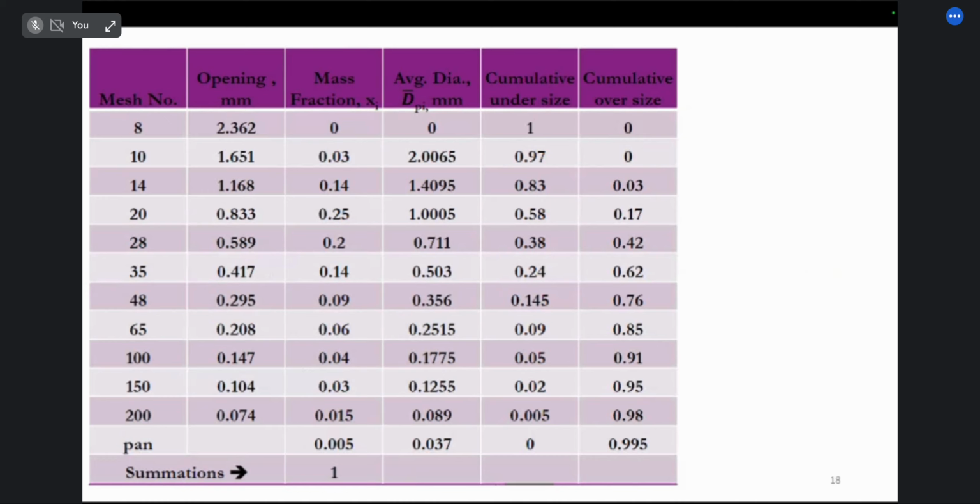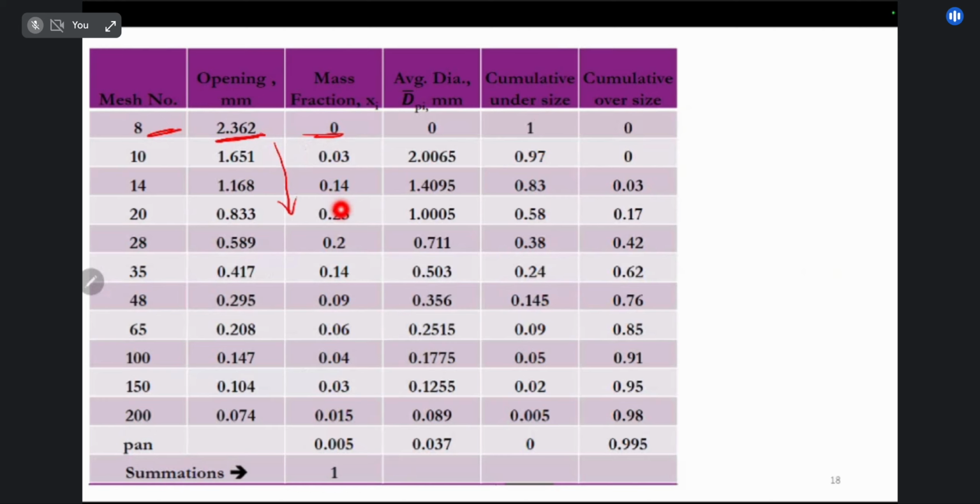For the cumulative undersize, if we talk about mesh number 8, the first mesh, then undersize means whatever material passed through that mesh. So here you need to add all the mass fractions which are below the first mesh.